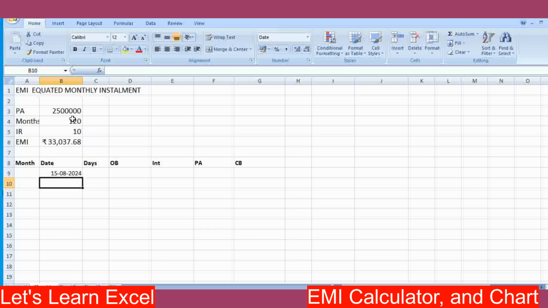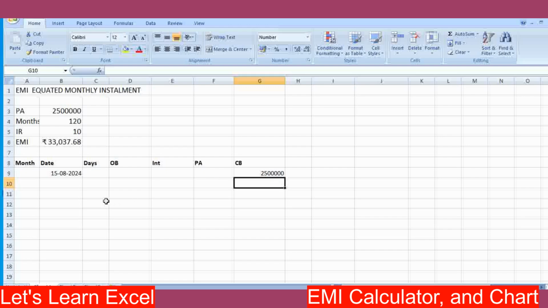Right. So now here we had taken a 25 lakh rupees loan. So the closing balance will be 25 lakh rupees. On 15th of August we had taken a loan of 25 lakh rupees.